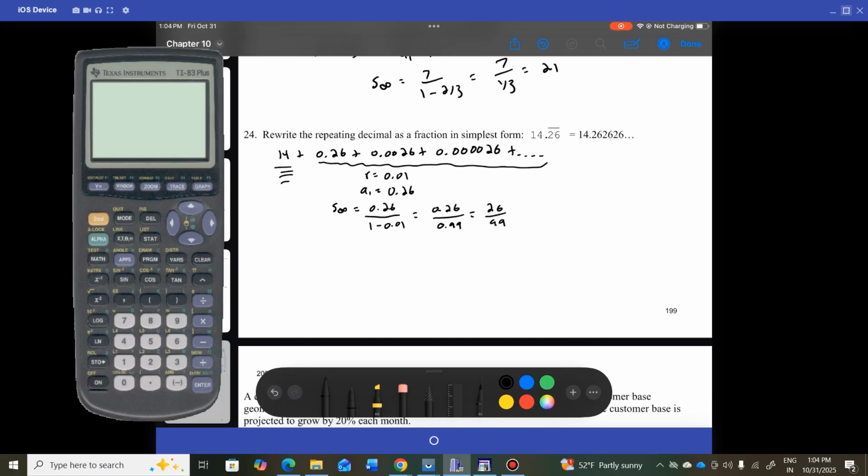And so that's the summation of all those infinite 0.26s as we go through. Now to get the total summation, we'll add the 14 back in. So 14 plus 26 over 99. Let's make 14 with the same denominator.